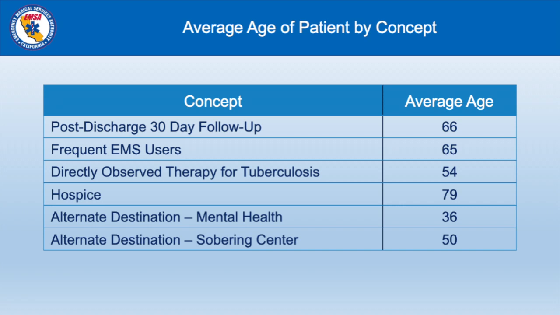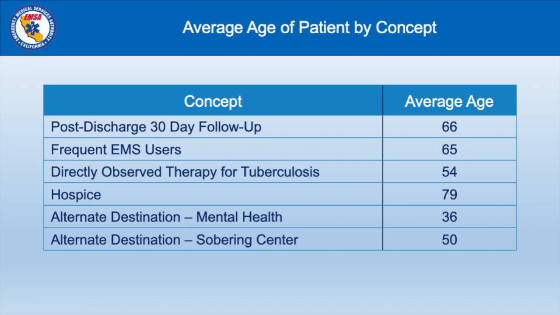Your tuberculosis patients, about 54 years old. Your hospice patients, appropriately at the highest average age. But what was surprising to us was the mental health patients that we were dealing with, or are dealing with. Average age is 36, so it's a fairly young population.